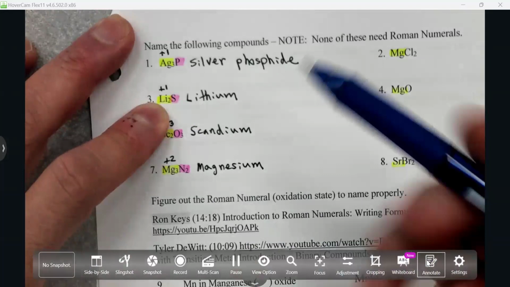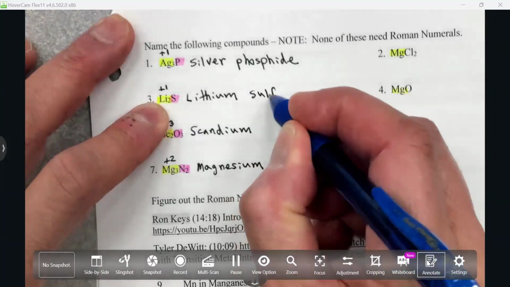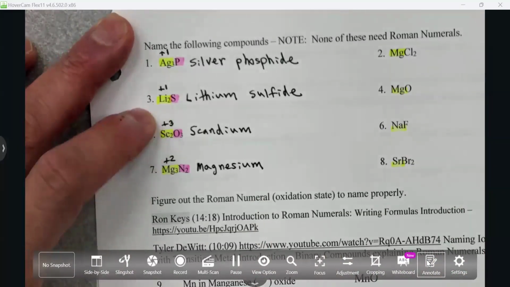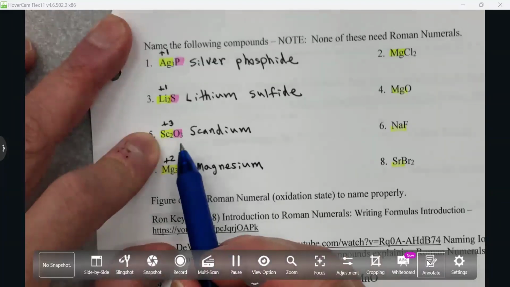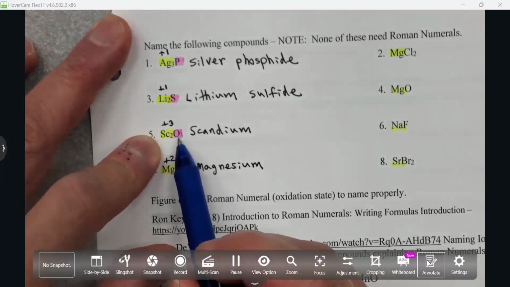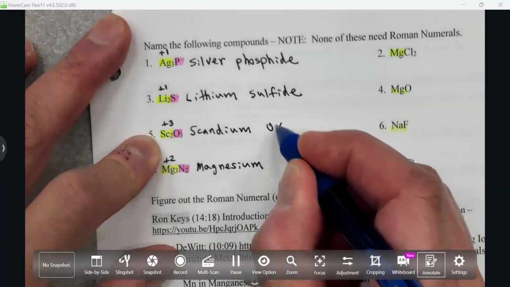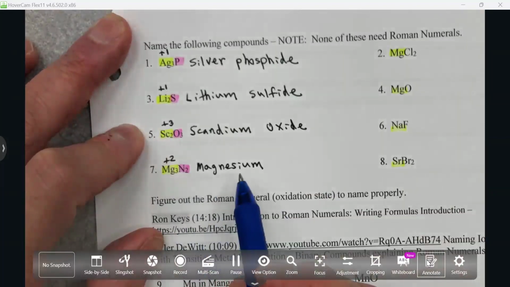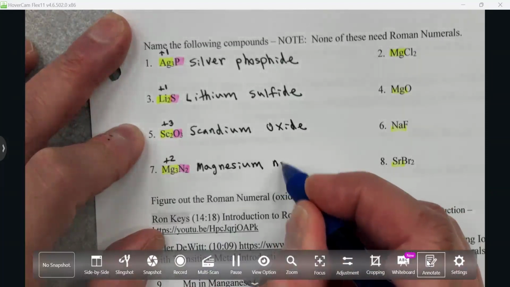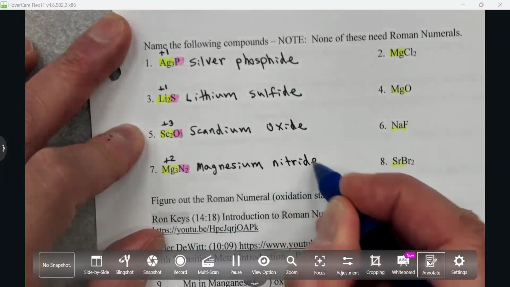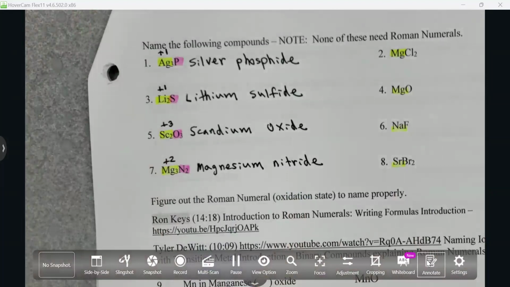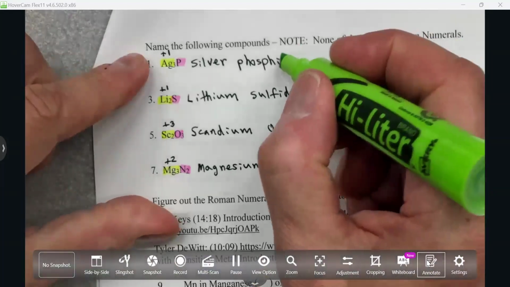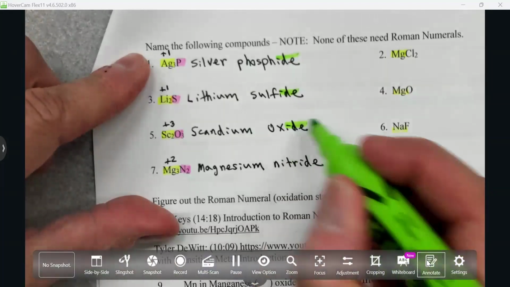This is going to be lithium sulfide. This is going to be scandium oxide, magnesium nitride, right? All of them end in IDE.